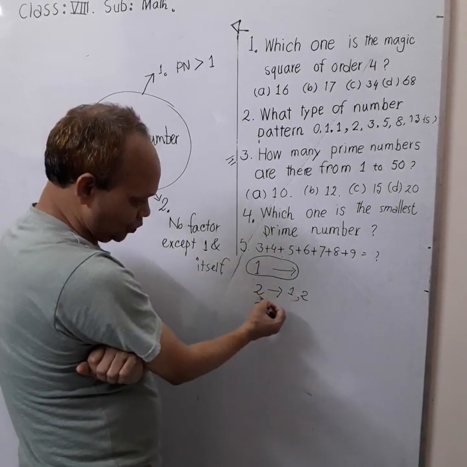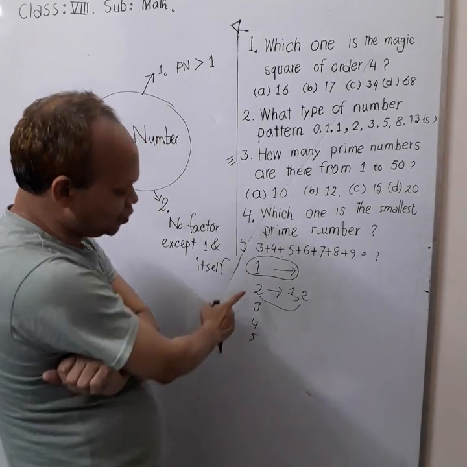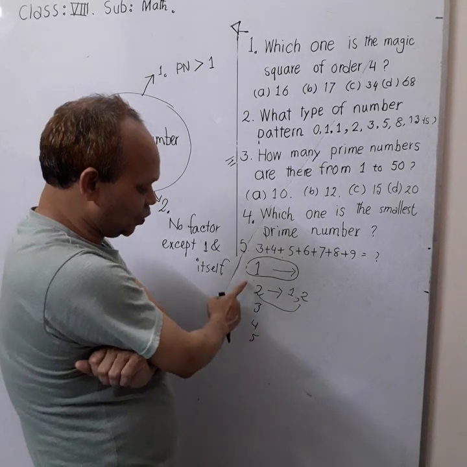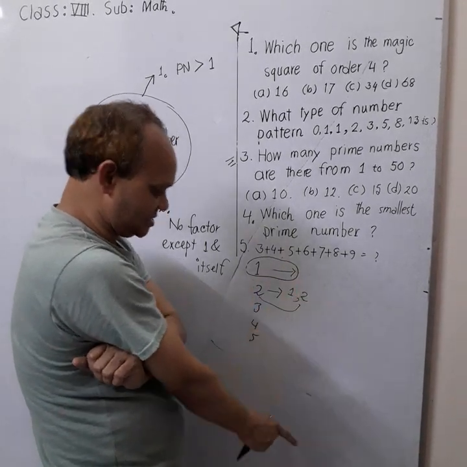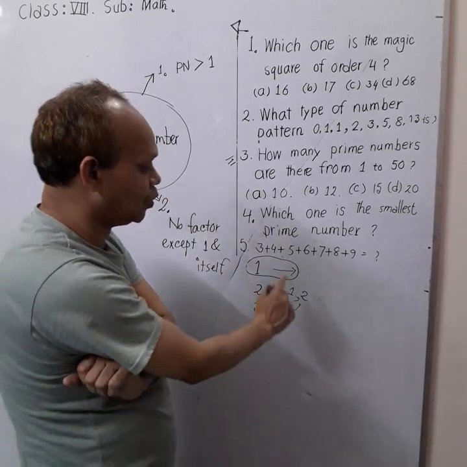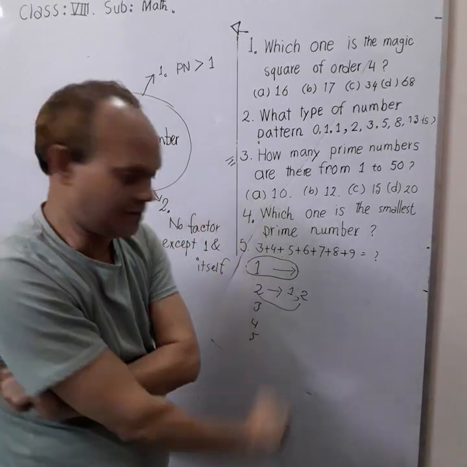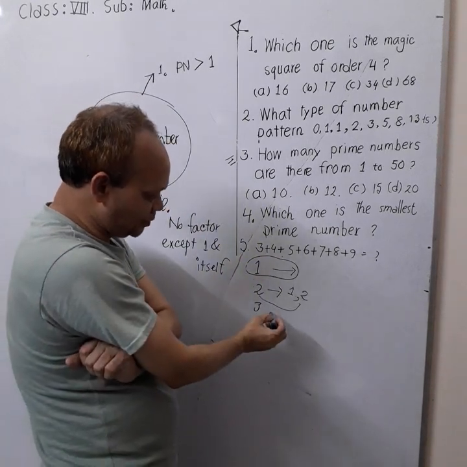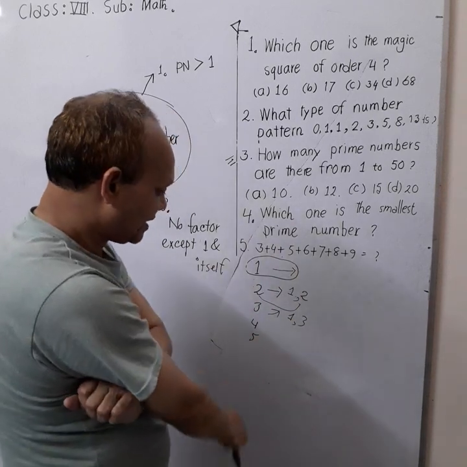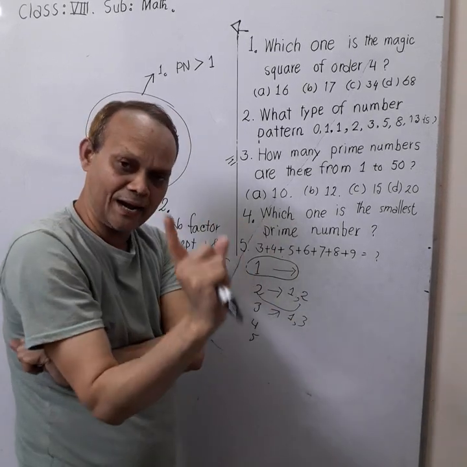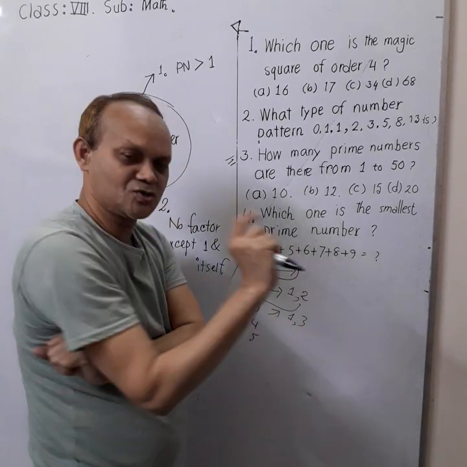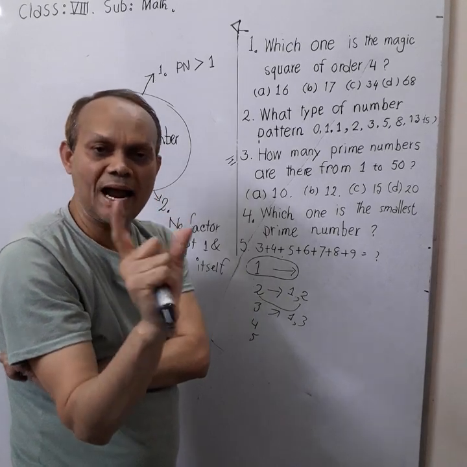As 2 is greater than 1 and 2 does not have any factor except 1 and 2 itself, that is why 2 will be a prime number. Now you see 3. 1 and 3, and 3 does not have any factor except 1 and itself, so 3 will be a prime number.